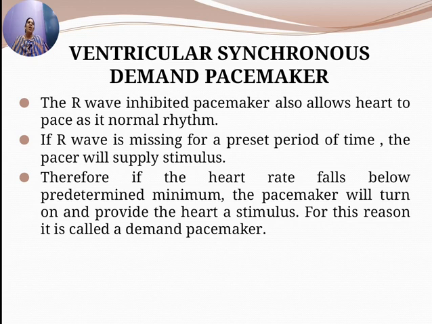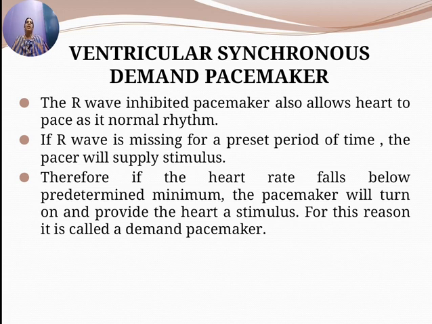In the R wave inhibited pacemaker, what does it do? It allows the heart to pace on its own normal rhythm. If the R wave is not present or is missing for a preset period of time, the pacer will begin to supply the stimulus. Therefore, if the heart rate falls below a predetermined minimum, the pacemaker will turn on and provide the heart a stimulus.